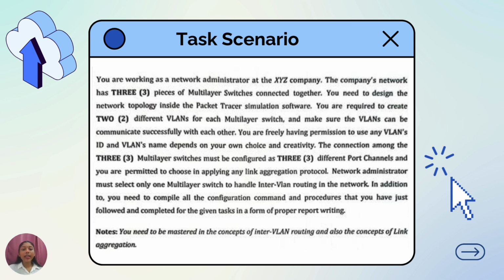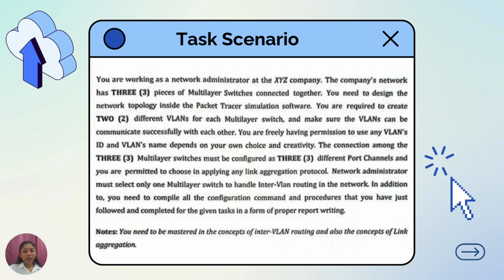You are free to use any VLAN ID and VLAN name depending on your own choice and creativity. The connection among the 3 multi-layer switches must be configured as 3 different port channels, and you are permitted to choose any link aggregation protocol.